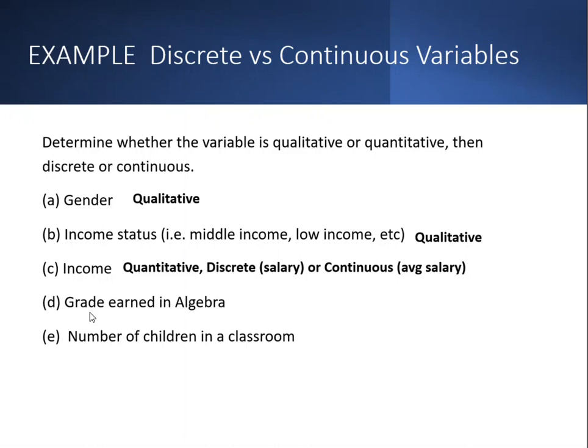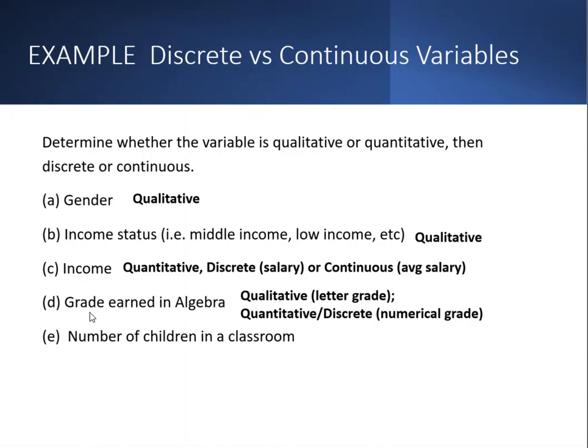If I wanted to talk about my letter grade in algebra, we would consider that a qualitative, a categorical variable, right? If I have a letter grade in my class, like A, B, C, D, F, those are categories for my grade. If, however, I wanted to talk about a numerical value for my algebra grade, so let's say I made a 95 or a 96 in my algebra course, then it would be considered a quantitative and a discrete variable.